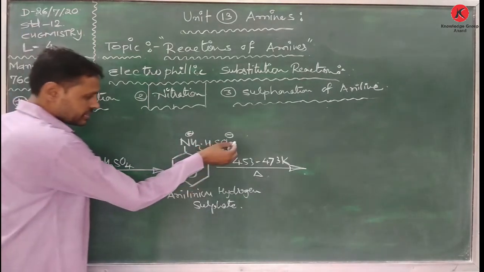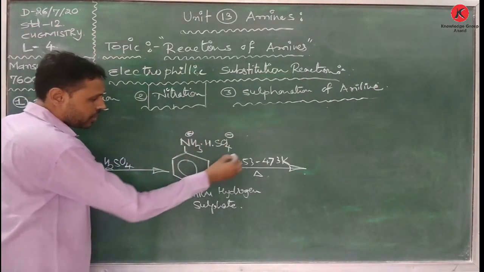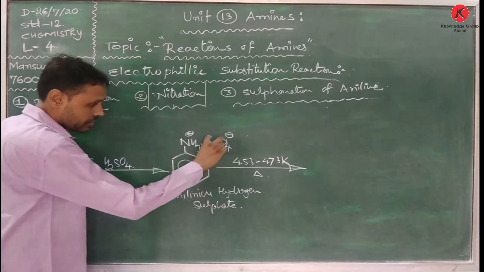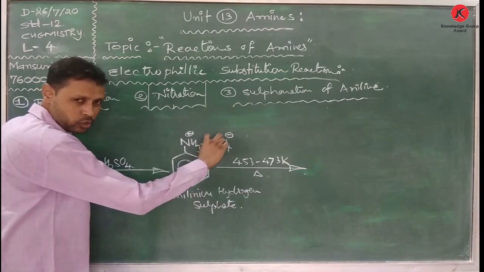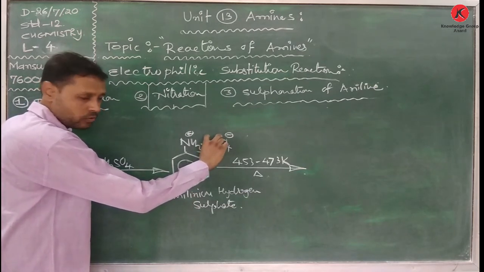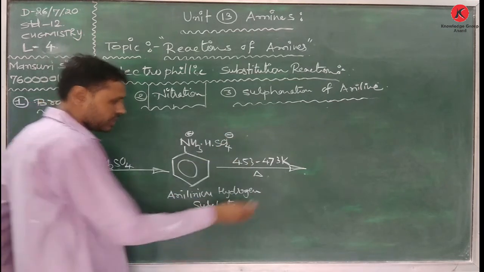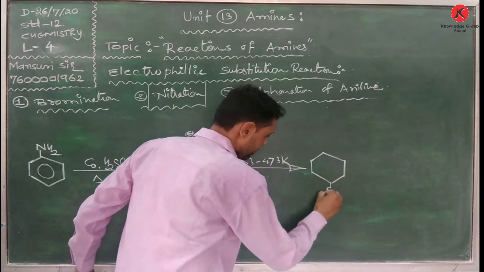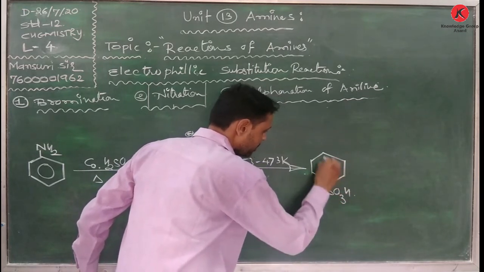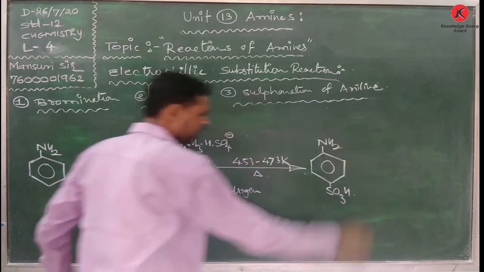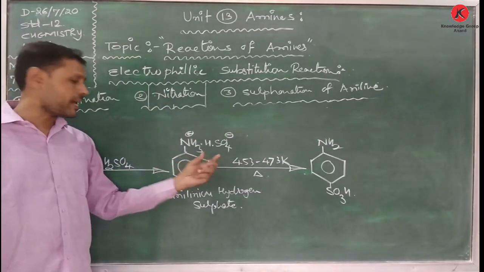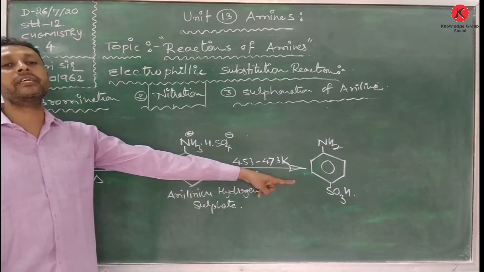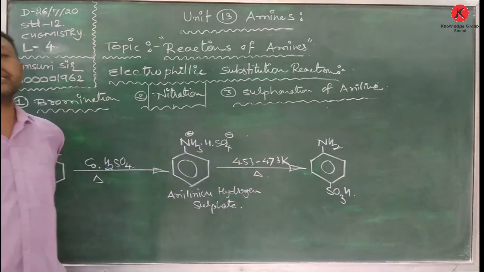Then from this compound, SO3H group, the sulfonic group, will be moving toward the para position. So this compound is obtained, which is sulfanilic acid.